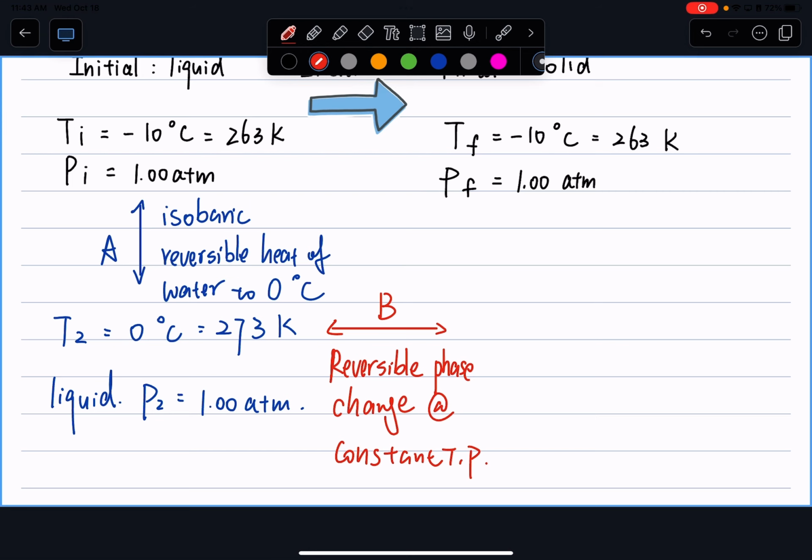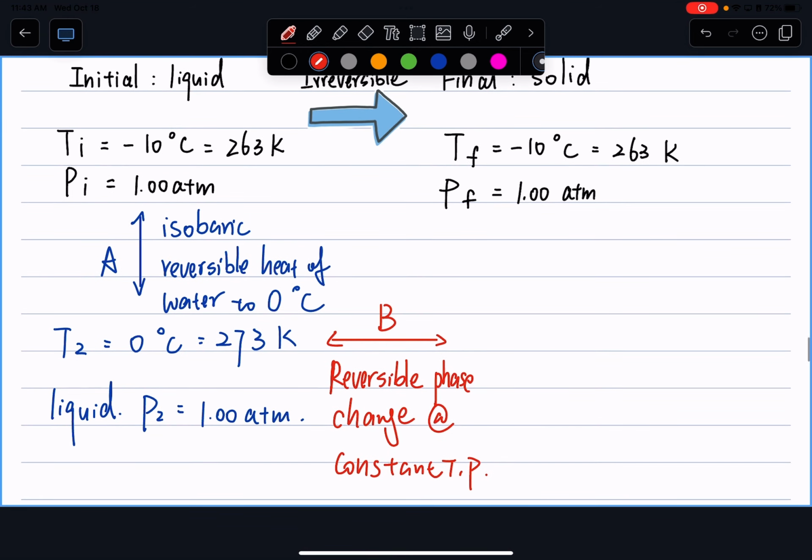After that reversible phase change, we have T3, also a temporary hypothetical state, equal to 0 degrees Celsius or 273 Kelvin. It's now solid with P3 equals 1.00 atm.